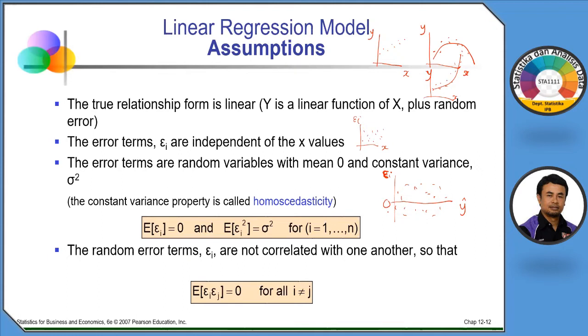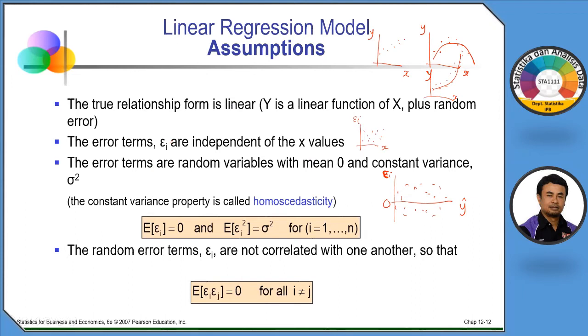So this one is 0. Okay, so with a constant variance. Then later on we call it homoscedasticity. It means the variance is constant. Look at this, constant without any pattern, and so on. Right. So there is no relationship between error terms, the error terms are not correlated. So these are the assumptions to have a valid linear regression analysis.